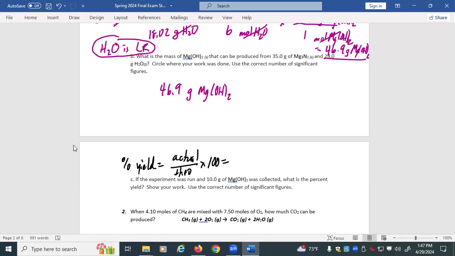The actual is what we got in the experiment, so that's 10 grams. Theoretical is what we calculated, 46.9 grams. Multiply by 100 to turn the fraction into a percentage. 10 divided by 46.9 times 100, to three significant figures, is 21.3%.